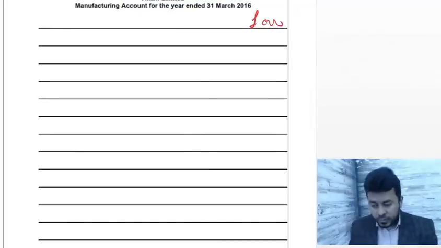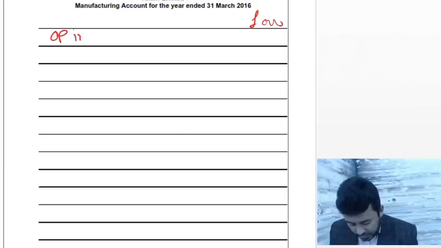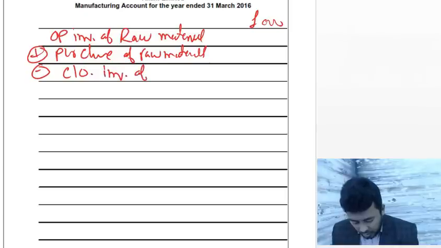All right, I'll start with opening inventory of raw materials, plus purchase of raw materials, less closing inventory of raw materials. What you're going to get is your cost of raw material consumed.